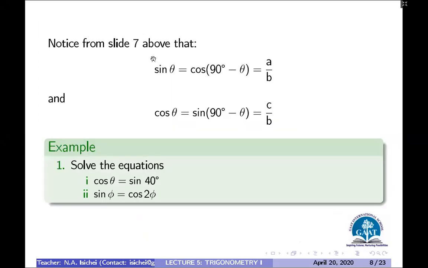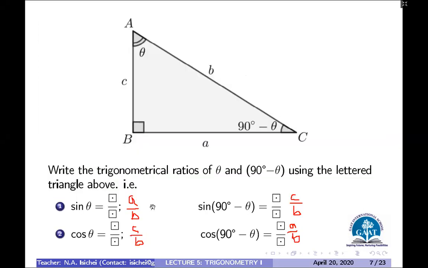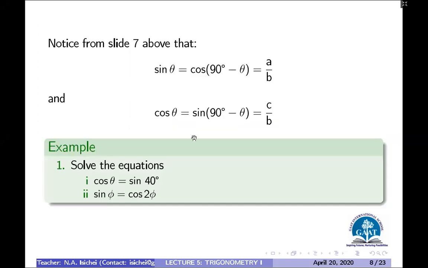Now notice from the slide that sine theta is equal to cos 90 minus theta, which is a over b. Can you see sine theta, a over b? Can you see cos 90 minus theta, a over b? So these two ratios are equal. And cos theta is equal to sine 90 minus theta, which is c over b.